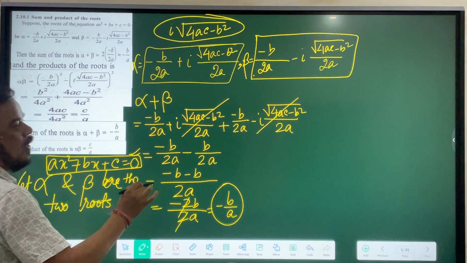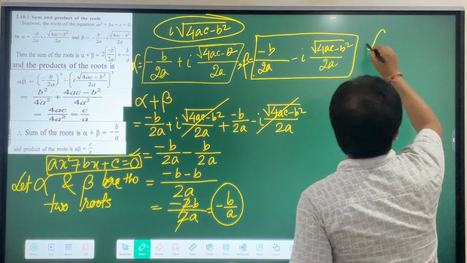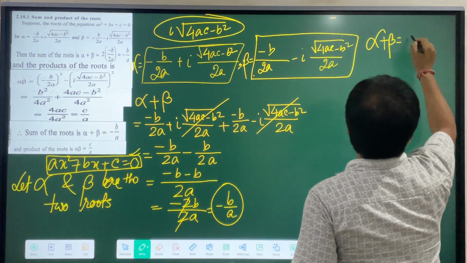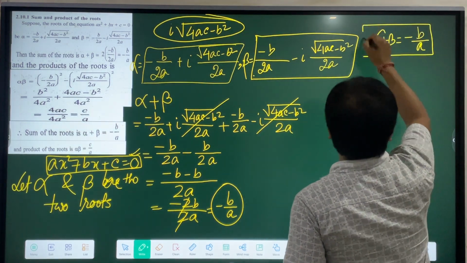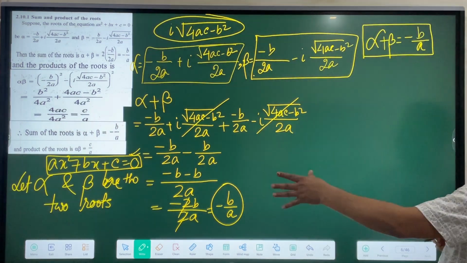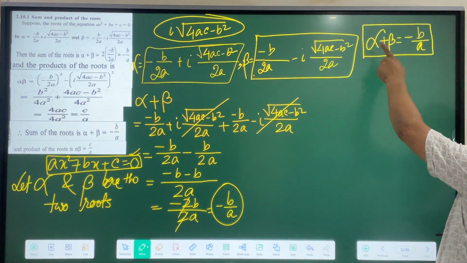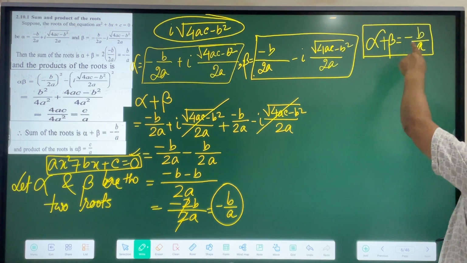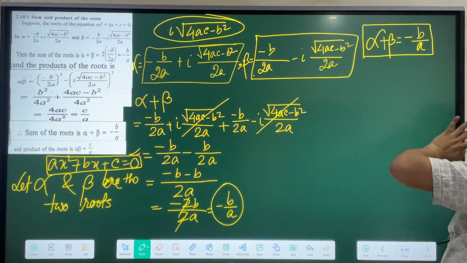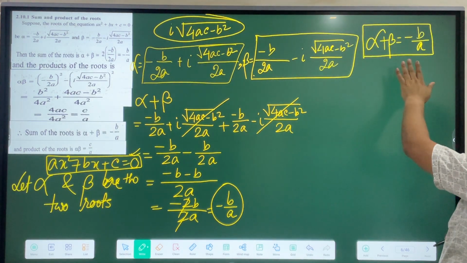This is a formula. What is the formula? Alpha plus beta is equal to minus b by a. For any quadratic equation, if we add both the roots, meaning both the values of x, you will get minus b by a. So this is one formula.